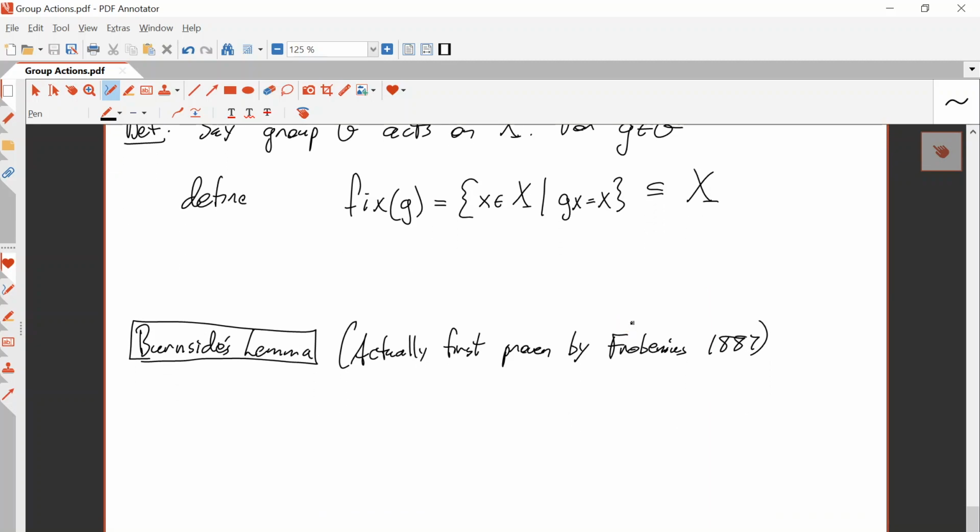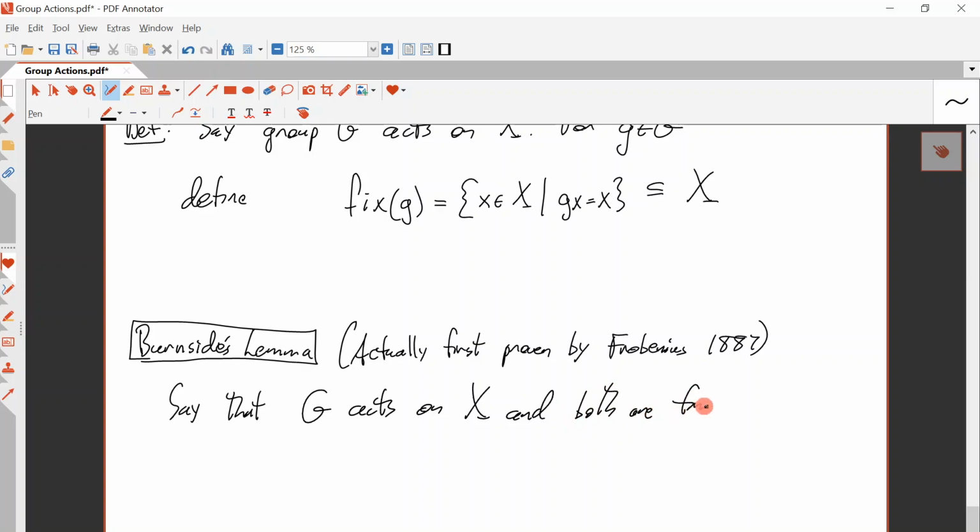Okay, and then Burnside's lemma. Say that G acts on X, and both are finite.